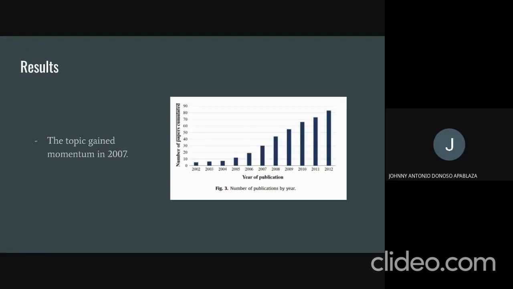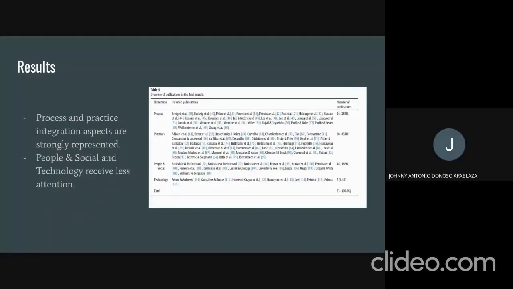The first result is figure 3. When analyzing the result set, it became apparent that the topic gained momentum in 2007, and since then, a constantly high number of relevant articles have been published every year. Following with the results, the following table presents the results of the categorization of the 83 papers chosen according to the principles seen in the main search for papers.